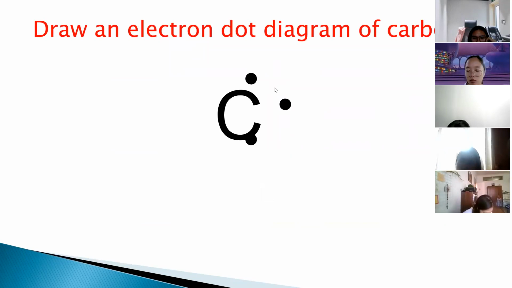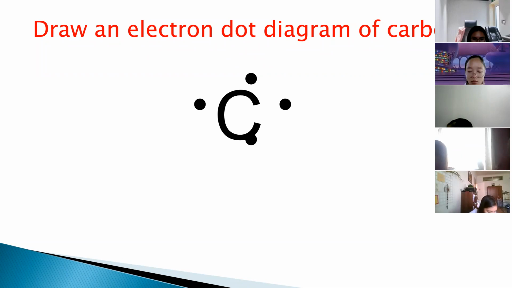So we have here carbon. If you look at your periodic table, carbon belongs to group 4. And that means it has 4 valence electrons. So remember, when we defined what valence electrons are, valence electrons are those electrons found in the outermost shell.